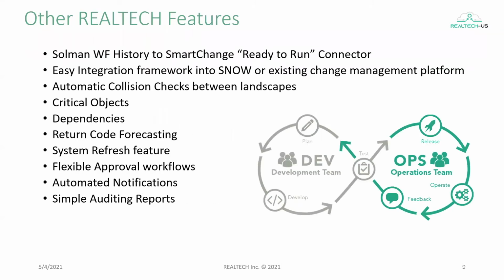So some of the other features that we have within our solution is this connector, right? If there are companies out there that are using Charm, and I had a call the other day from someone who said, listen, we're using Charm and it's really rigid, it's hard to use.